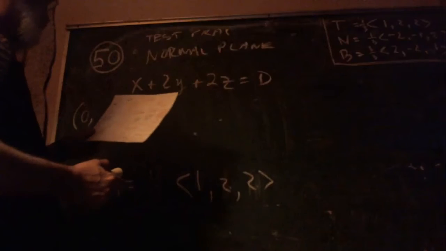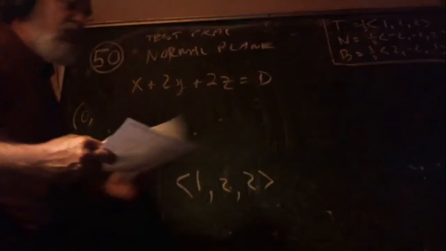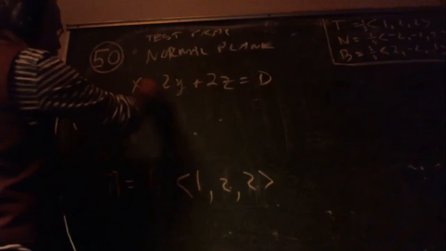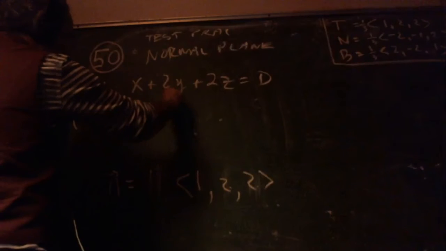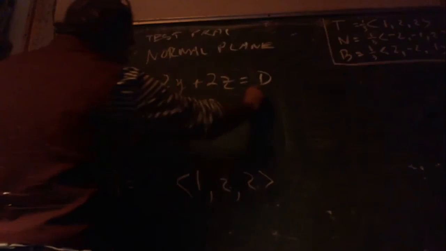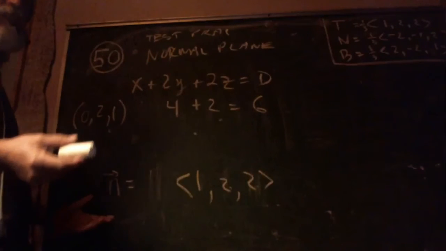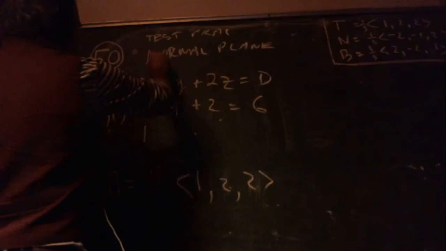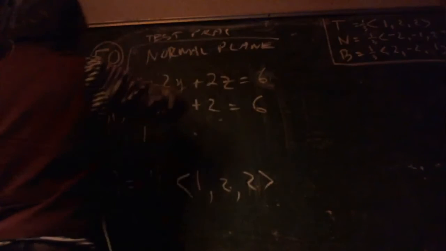Oh, it's on the other page. Hang on, I'm with you. Stand by. 0, 2, 1. 0, 2, 1 goes right in here. My D is 6. What a surprise. Yeah, we had 6 floating around in this problem quite a bit too. So the normal plane is going to be this thing equals 6.